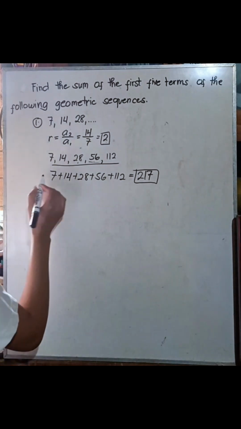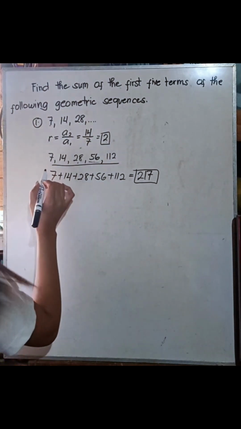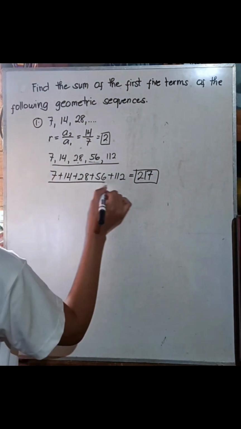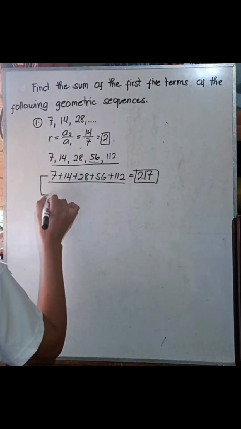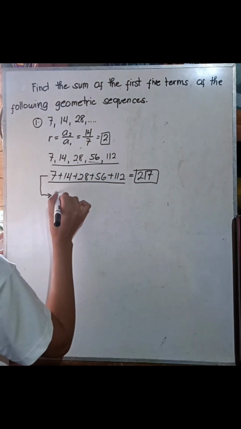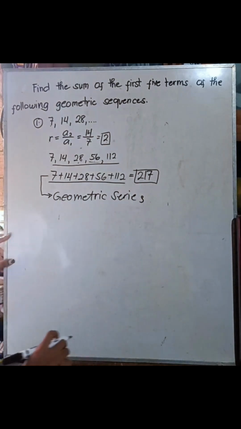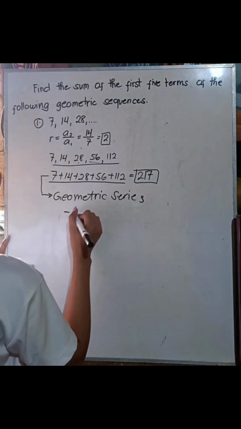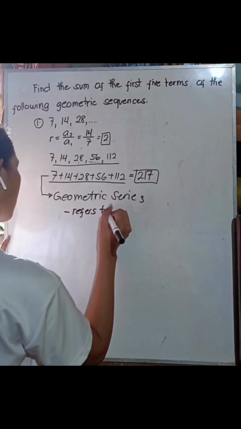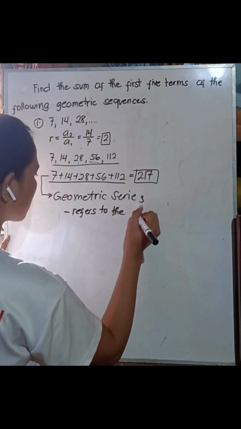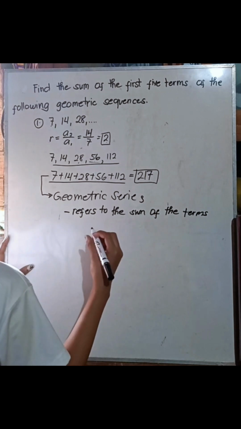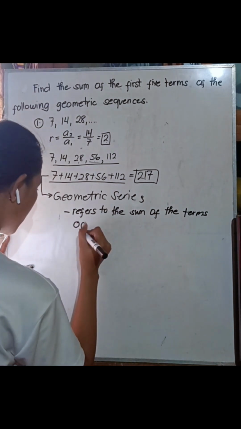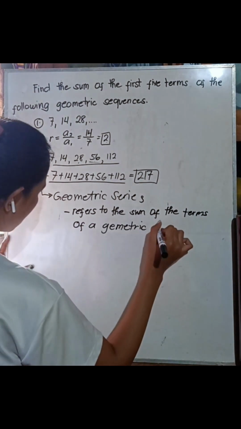So, kani siya, class, kani siya is atong gitawag nga geometric series. So, pag mo-ingon tag geometric series, it refers to the sum of the terms of a geometric sequence.